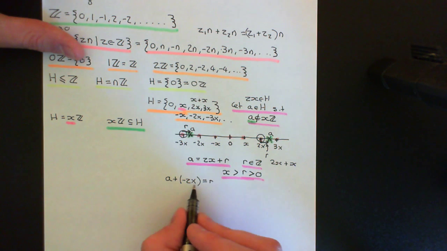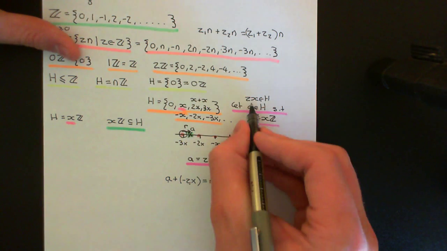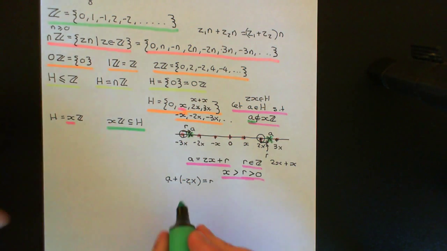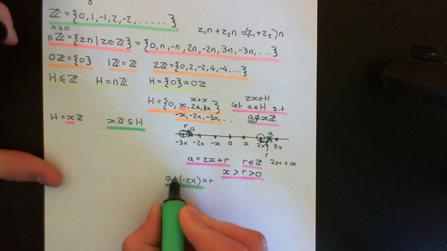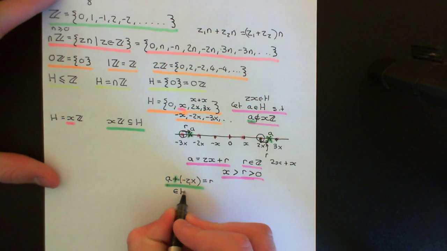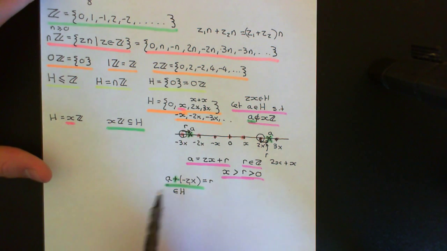Okay, but of course, this is an element of our subgroup, because z times x was an element of our subgroup, and our subgroup is closed under additive inverses. Okay, so when you add these two things together, you'll also get something that's in our subgroup. This has to be an element of our subgroup because the subgroup is closed under addition, and both of these are elements of the subgroup.